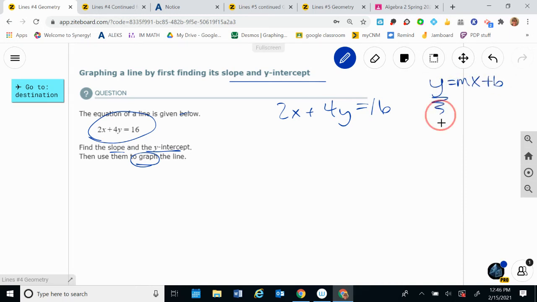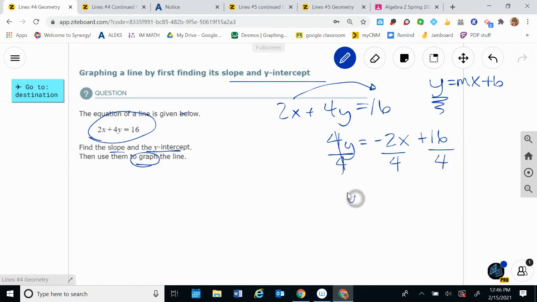It means you need to solve for y. So let's do that. We're going to move the 2x over. It's positive, so we're going to subtract it, jump it over, change the sign. Divide everything by 4 to get y by itself. Then you get y equals negative 1/2 x plus 4.